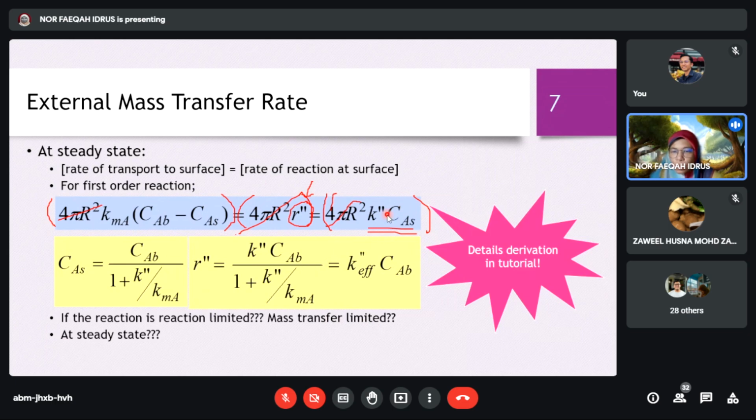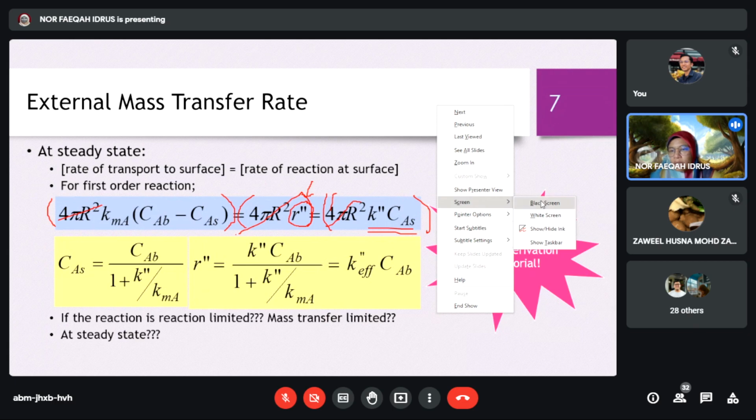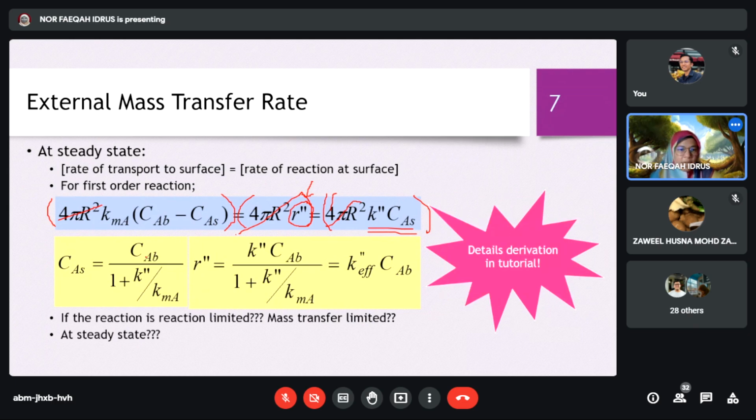That's why we want to eliminate the term C_AS. So rearrange for C_AS, and we get this equation. Insert it back into the rate law equation, the rate of reaction equation.